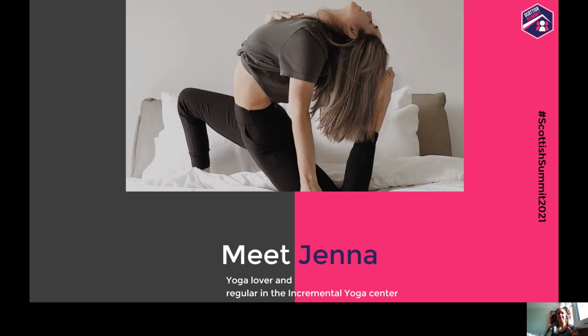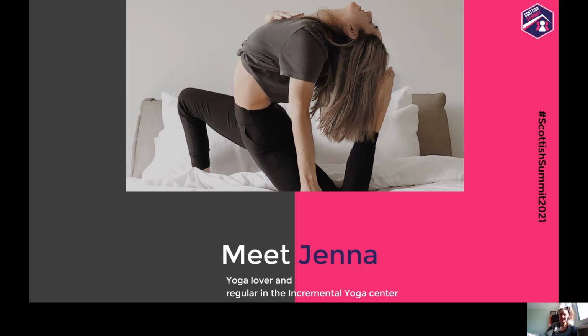Then the second scenario is going to be the same situation, just developing from the point of view of the marketing manager in the Incremental Yoga Center. So hopefully this will give you a good overview of how it looks from each of the different perspectives.